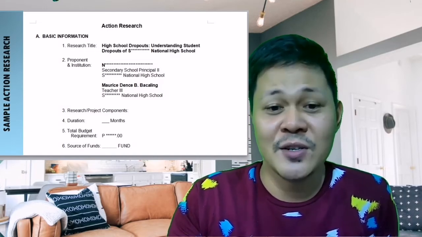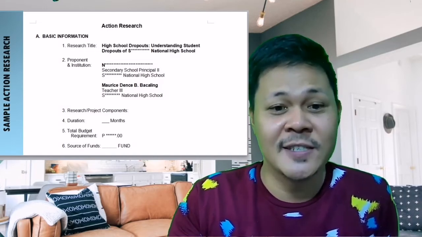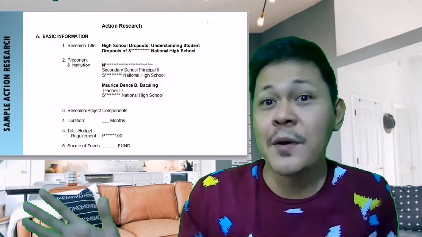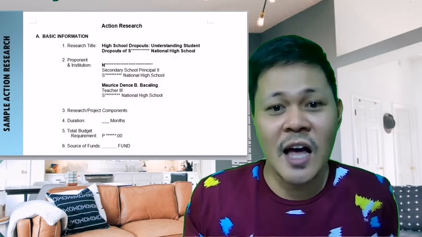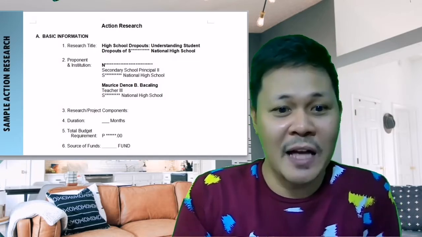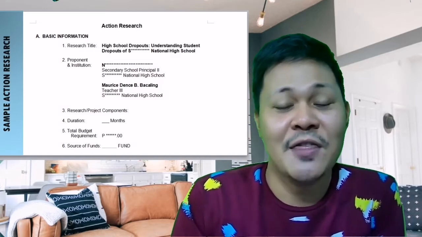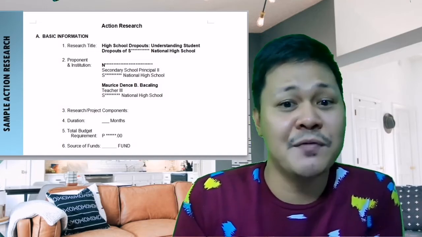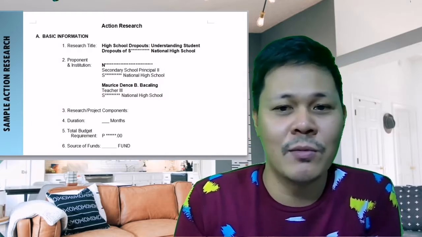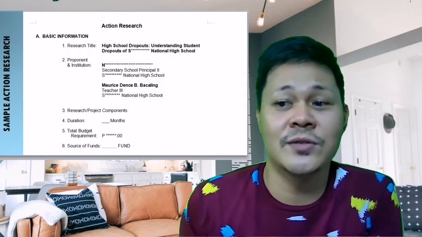Then the research project components, the duration, the number of months this action research will be done, and then the total budget requirement and the source of funds. It could be coming from the MOE, coming from the canteen, or whatever the source of this fund is.